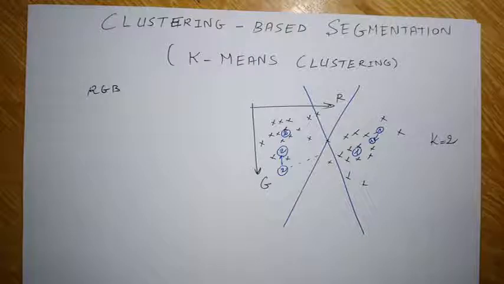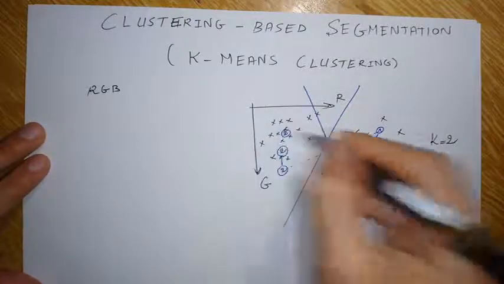This is how it works, and sometimes it can get stuck, because the mean does not necessarily move to the center of the clusters. For example, let's say that at a given point, the line separating these data points here is something like that.